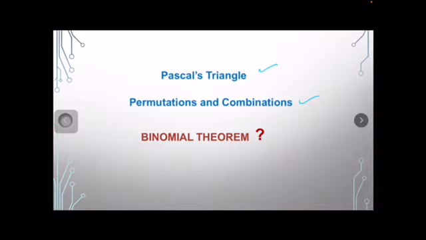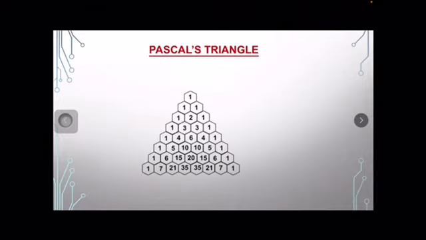Let's see how we use these two terms in our binomial theorem. First we recall Pascal's triangle and permutation and combinations. Do you remember what Pascal's triangle was? Yes, this type of triangle is called Pascal's triangle.